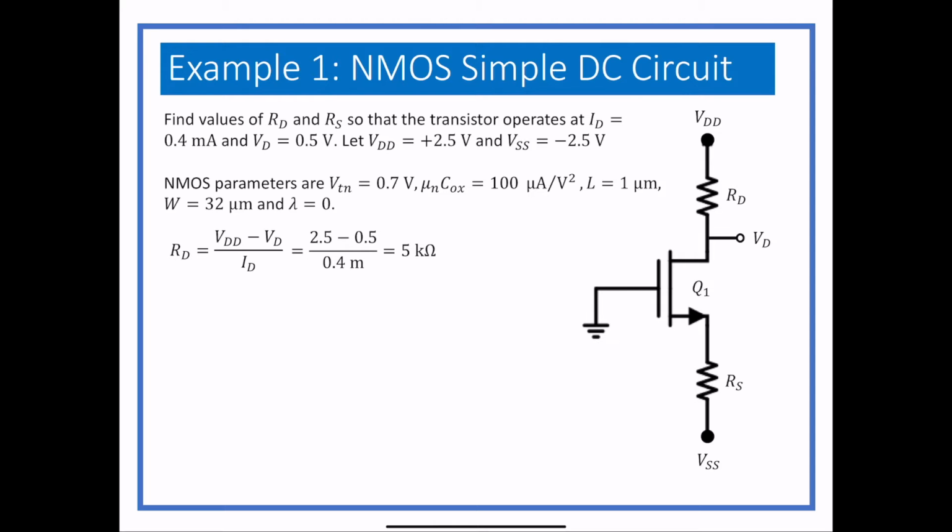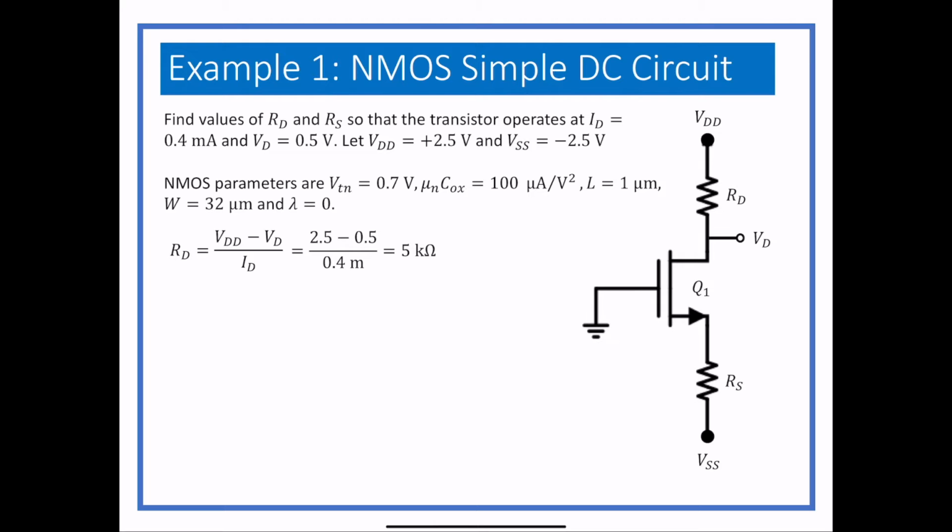Usually with MOSFET circuits, there'll be one that's really, really easy to find, and then there'll be one that's not as easy to find. And that's the case here, there's a little more solving to do for the other resistor. So in order to find the value of RS, we need the source voltage at the top there, at the source.